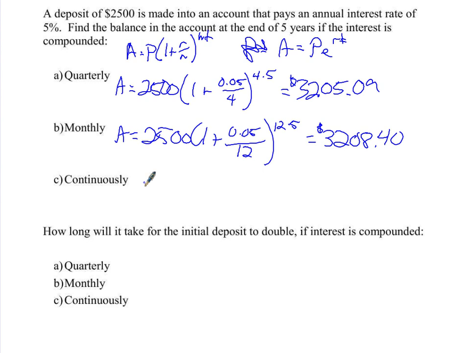What's my equation for continuous? 2,500 times e to the rt. So what is it?